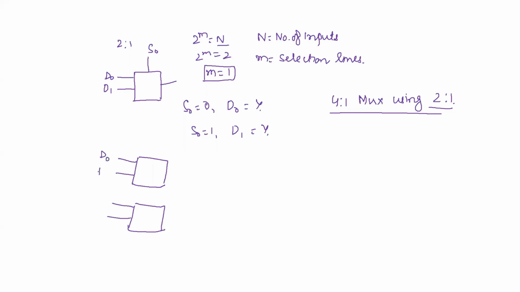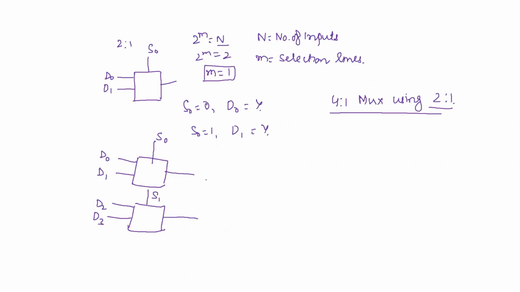So I will use D0, D1, D2 and D3. Now this is my selection line, say this is S0, this is S1. You are getting output from either of these two.